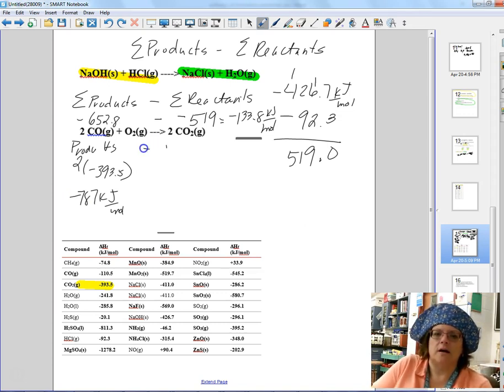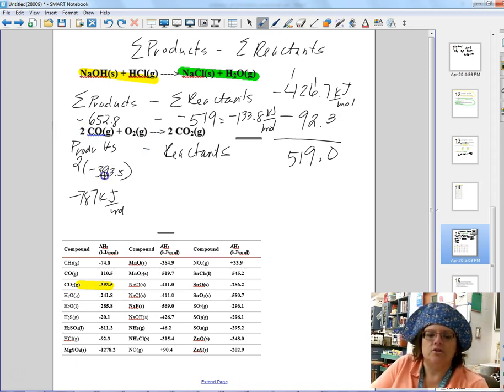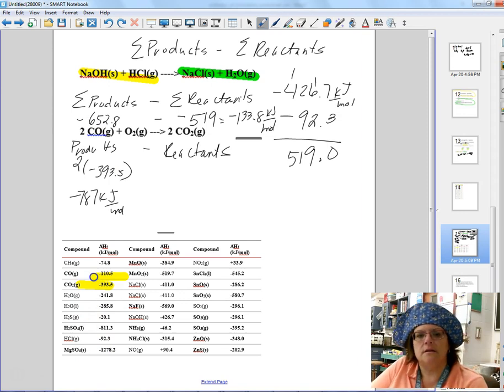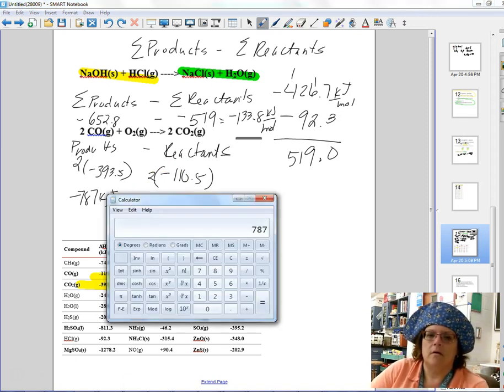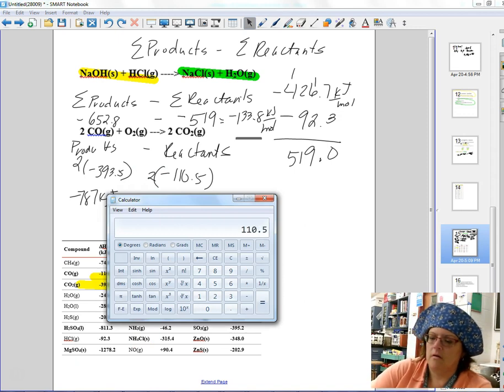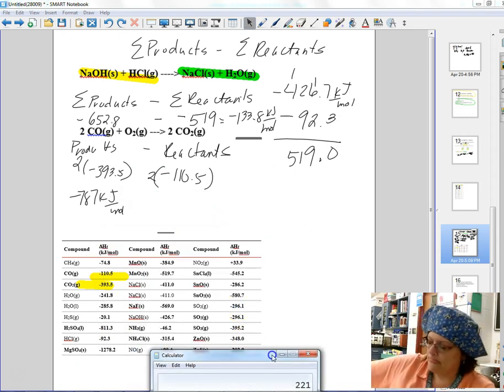Okay, we want to subtract our reactants. We've got 2 carbon monoxides, negative 110.5, times 2, that's negative 221.